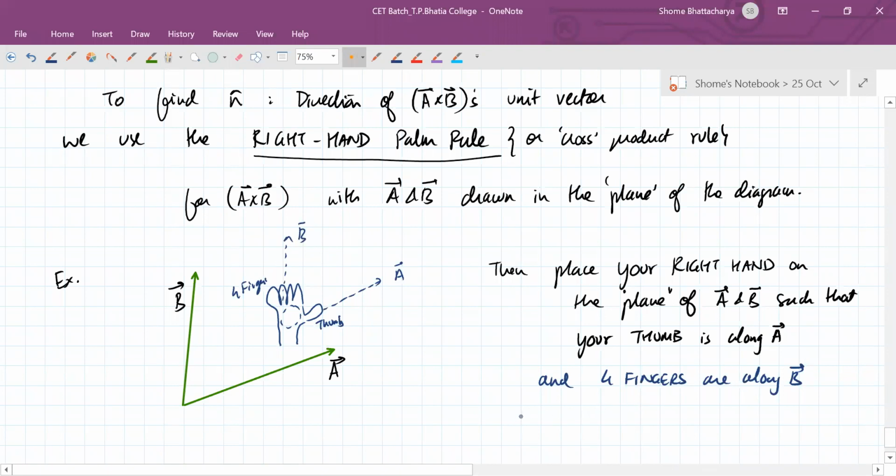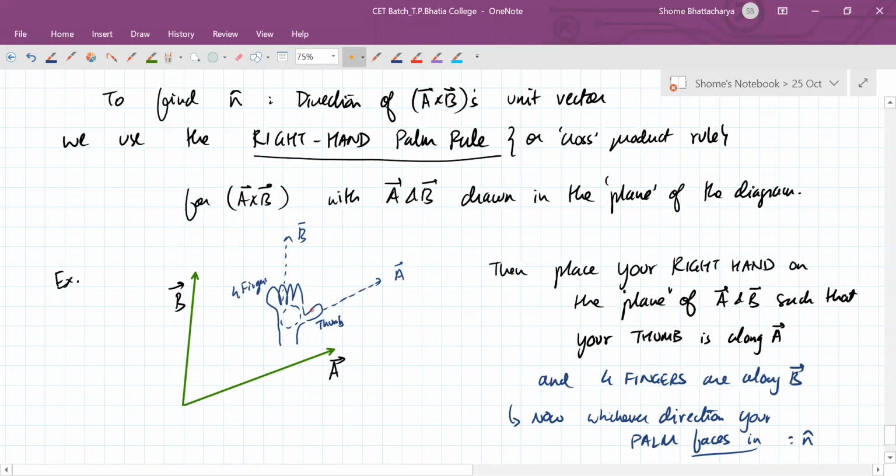Okay, so once you do this, whichever direction your palm faces in, that is the direction of n cap. So in this case, just place your right hand on the screen like this.